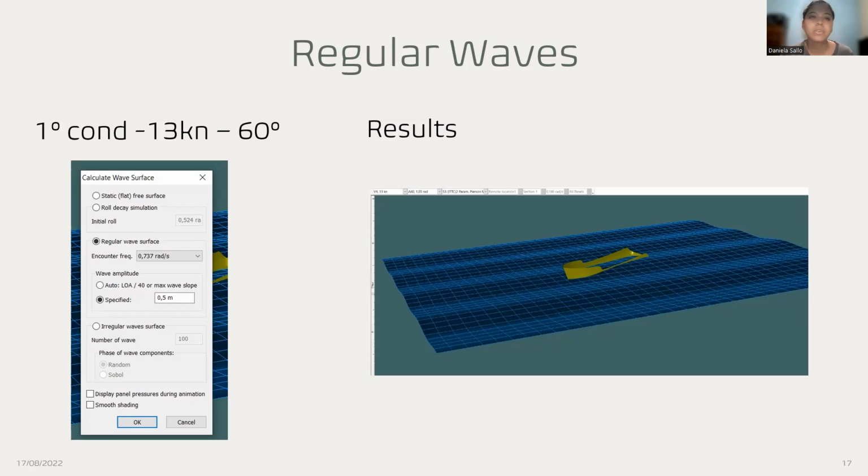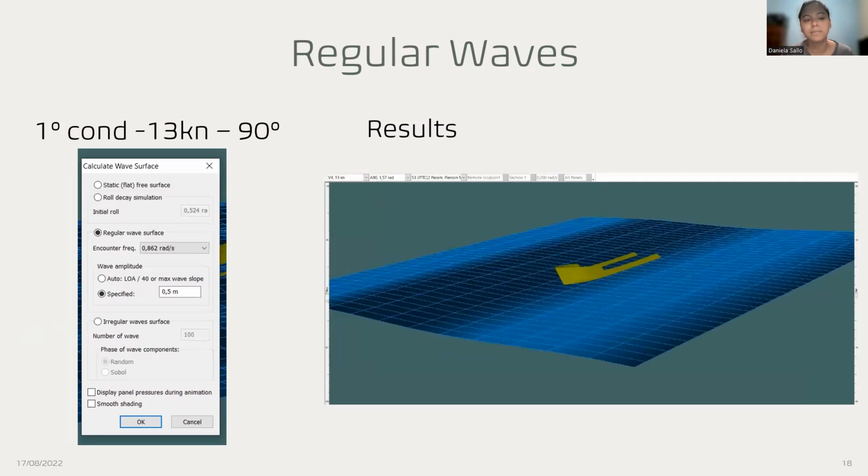So we have a wave amplitude from 0.5 meters to 1.25, and for the range of the encounter frequency we put 0.8, and this is the result for the 90 degrees and for the 120 degrees.